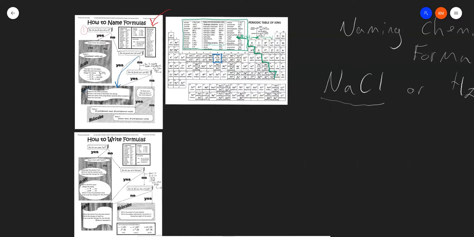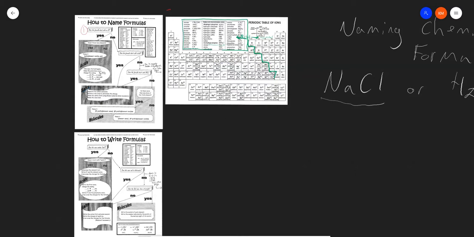All right, so let's do some more. We're going to do one that is not made up of ions. Let's name water. So the common name is water, but let's not do water because it does start with H, and that goes into acids. And so we're not going to do water for right now.